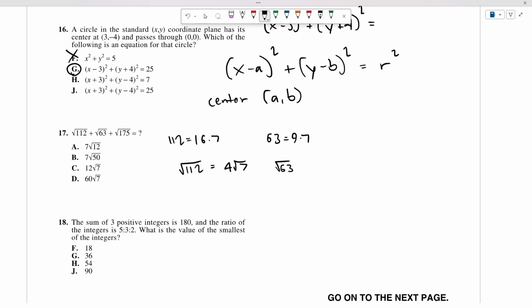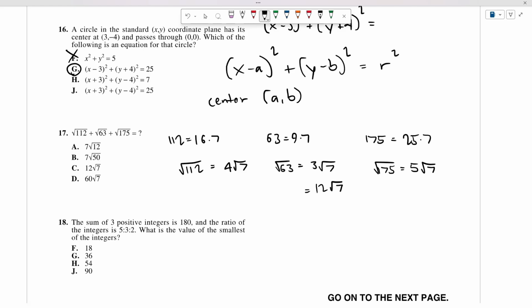Square root of 63 is 3 square root of 7. 175 is 25 times 7. So that means that square root of 175 is 5 square root of 7, okay? If you add all those up, you get 12 square root of 7.